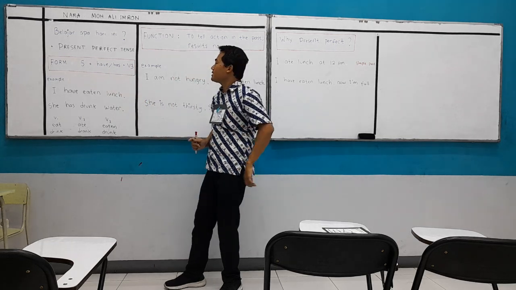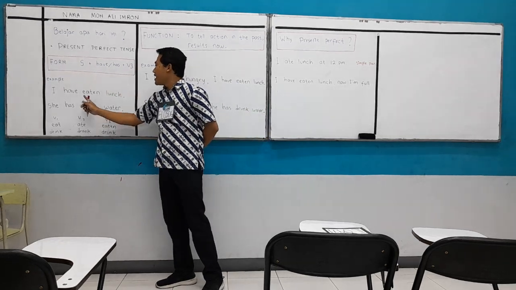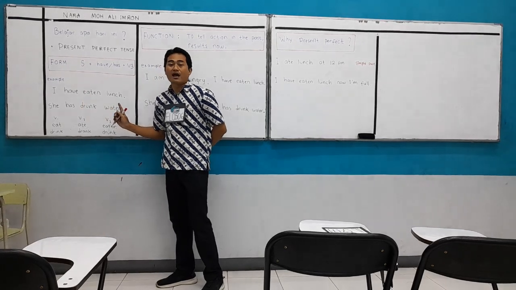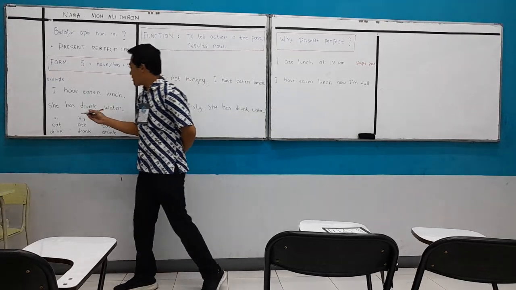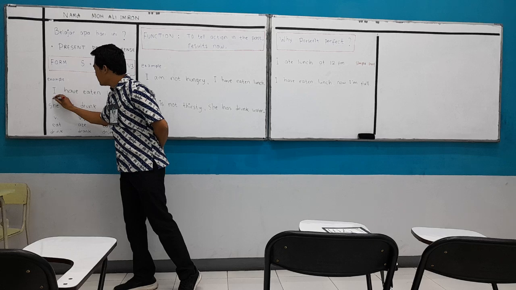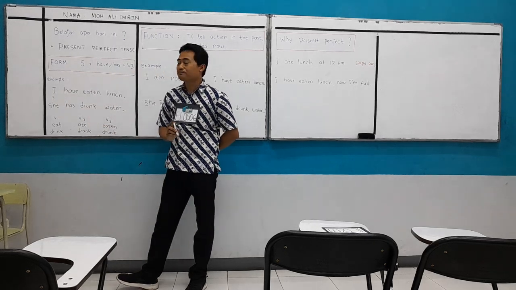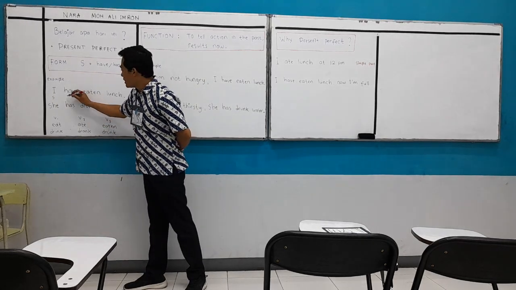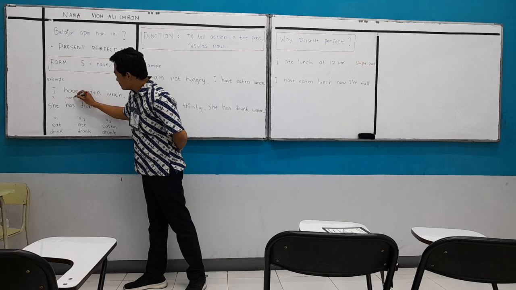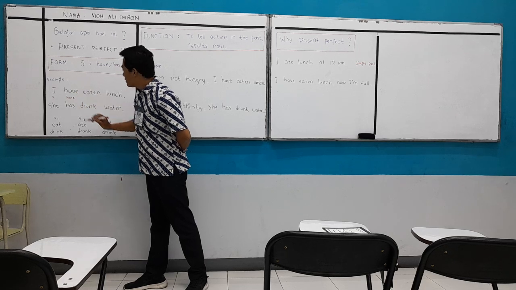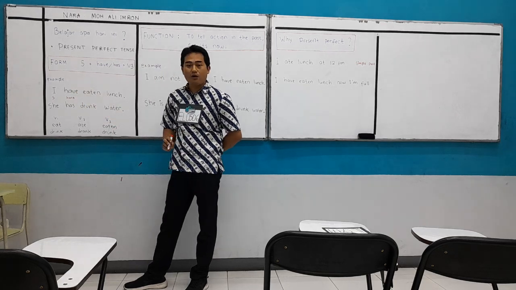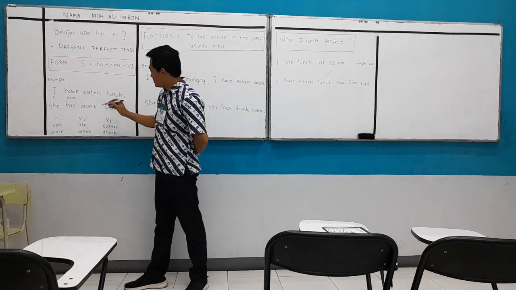Now, for example, like this. I have eaten lunch. Here, I is the subject, and then it is followed by have, and then the verb 3 of eat, which is eaten.